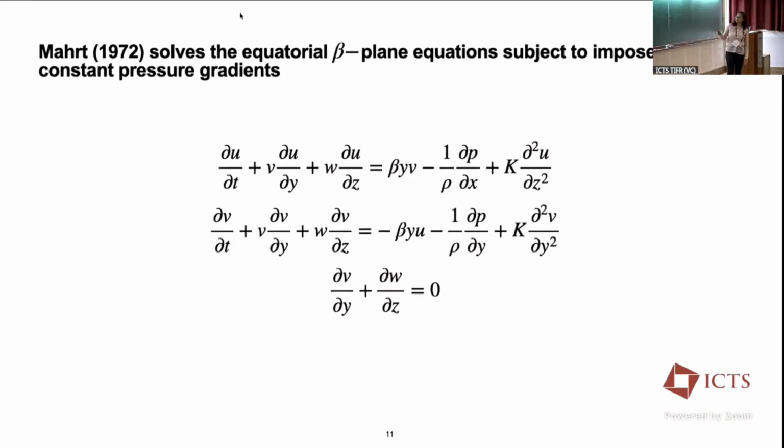What they did with these beta plane equations is impose a constant pressure gradient, a cross-equatorial pressure gradient. They've done many pressure gradients, but I'm going to illustrate the case where they've not considered the zonal pressure gradient and considered the meridional pressure gradient to be a constant.